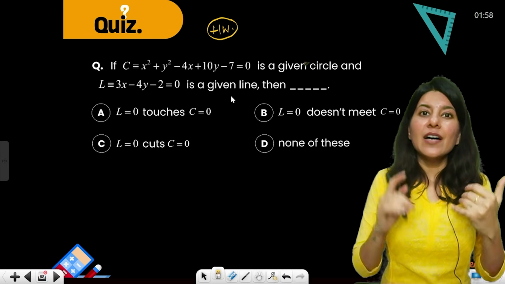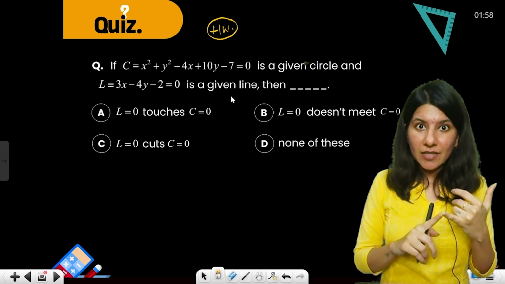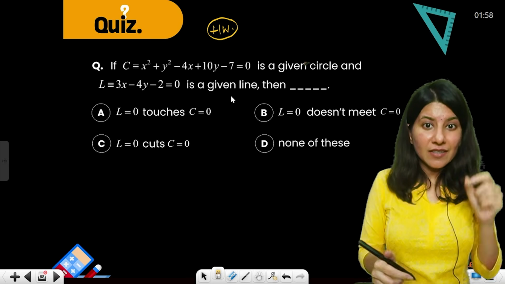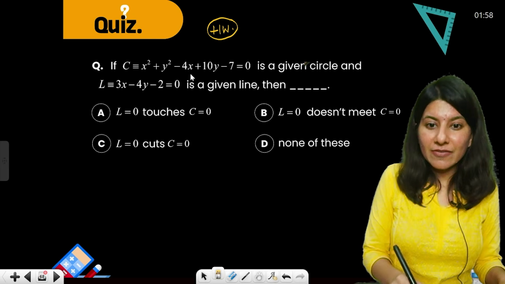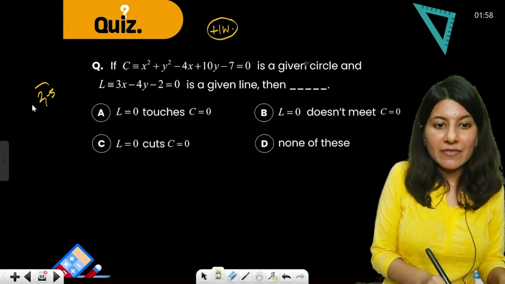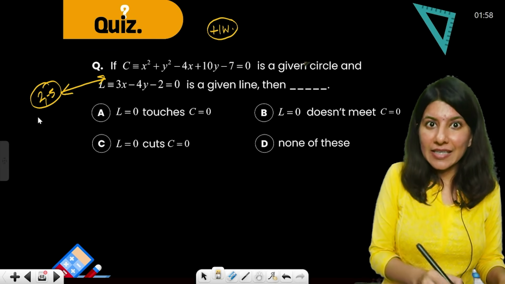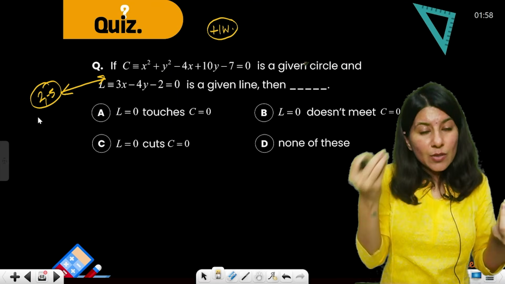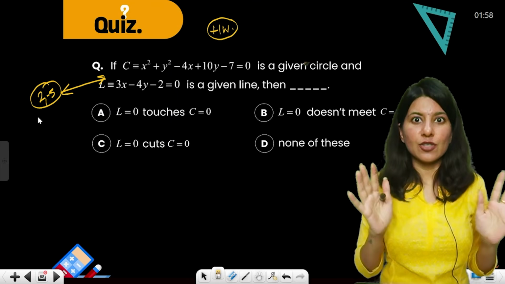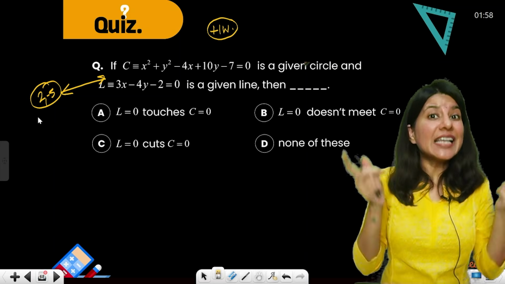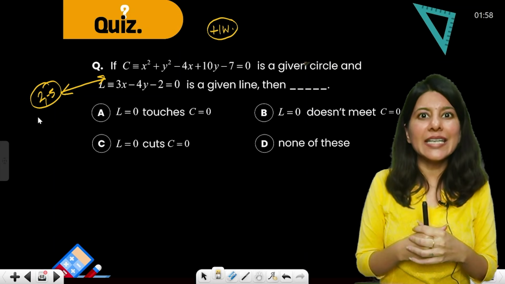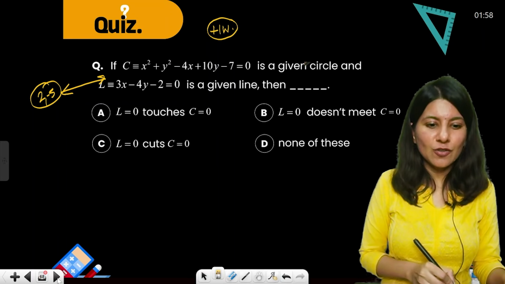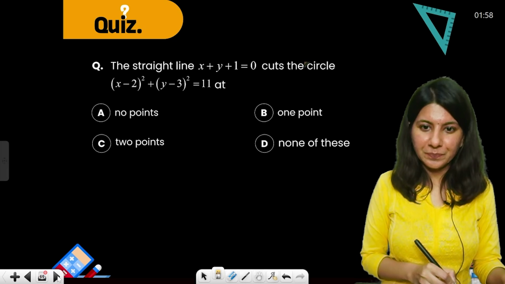In method 1, find the circle center and the radius. The center is, by the way, (2, −5). Calculate the distance between the point and the line, then compare. Is the perpendicular distance equal to the radius? Yes, then tangent. If the perpendicular distance is lesser than the radius, secant. If the perpendicular distance is greater than the radius, neither secant nor tangent.